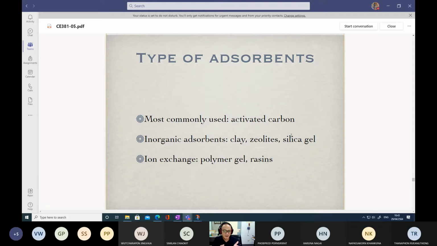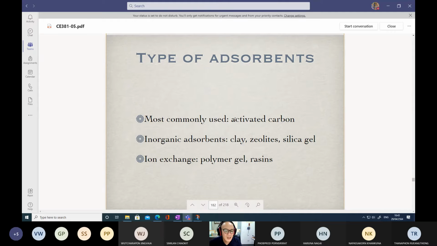Only this process and some other advanced processes can actually reduce the COD contents to be less than 60 or even 50 milligrams per liter. So that is why we normally consider this process as a tertiary treatment, not the primary or the secondary treatment.